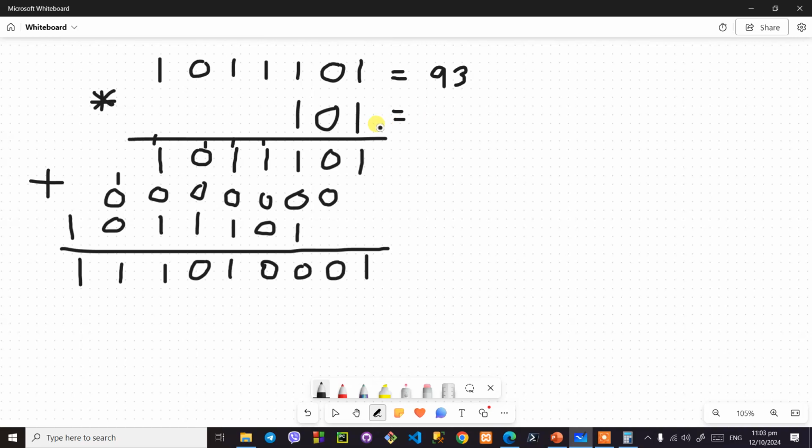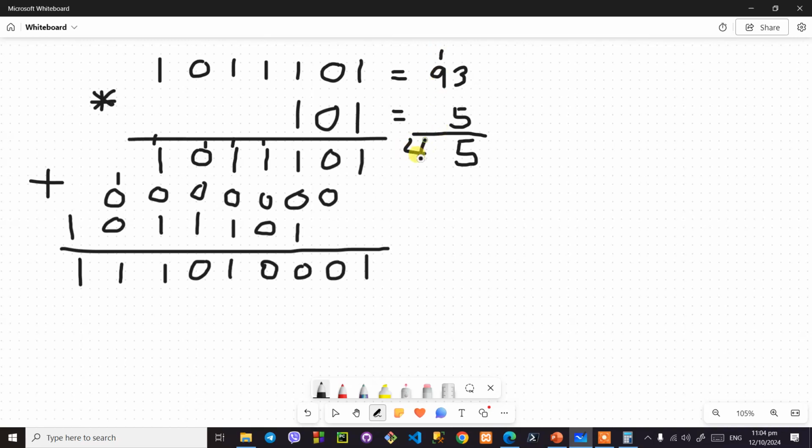93. Now, 1 and 4, meaning 5. Okay? So, 101 is equivalent to 5. Okay? So, 5 times 3 is 15. You carry over 1. 5 times 9 is 45 plus 1, 46.